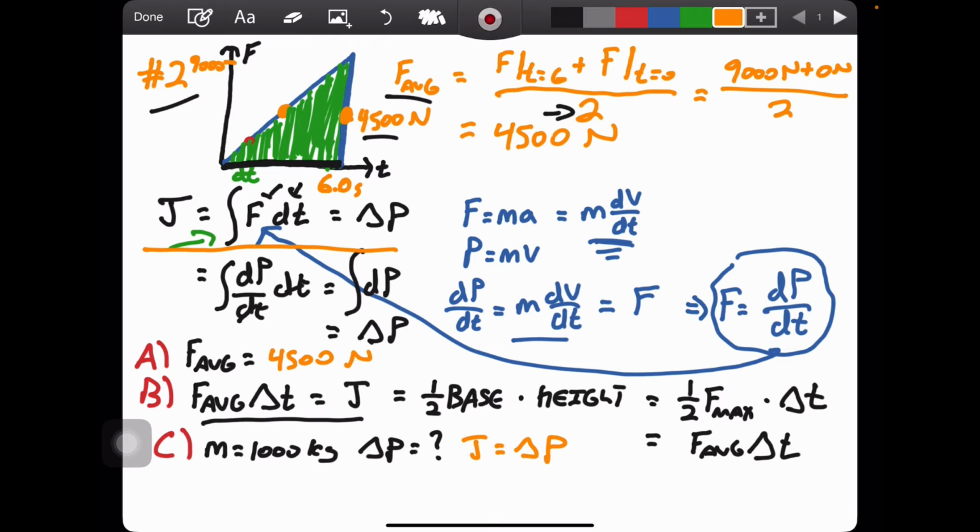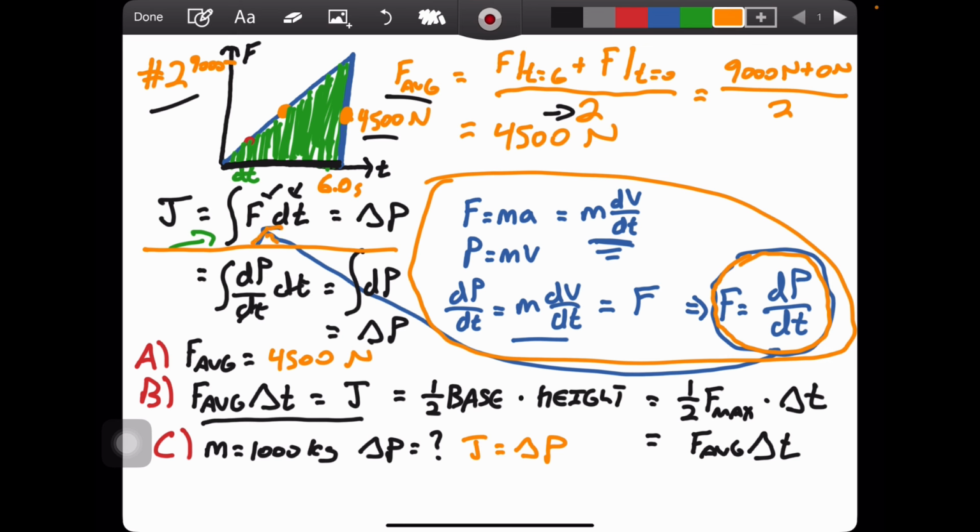And again, that's based upon the work that I did here, where I showed you, starting with Newton's second law, how you could rewrite that in terms of the time rate of change in momentum. And then I plugged this new way of writing force right here into the relationship between impulse and force and showed you how that becomes the change in momentum.